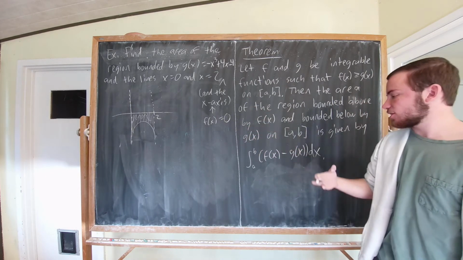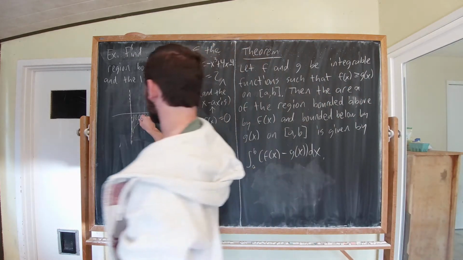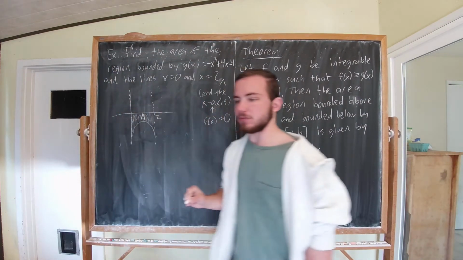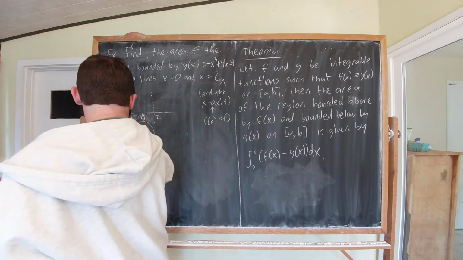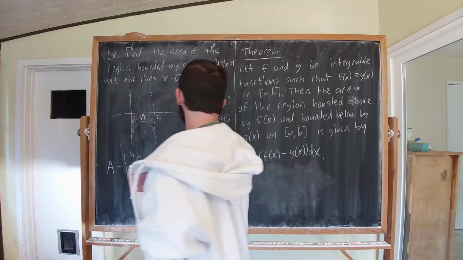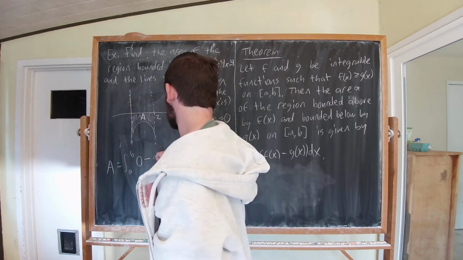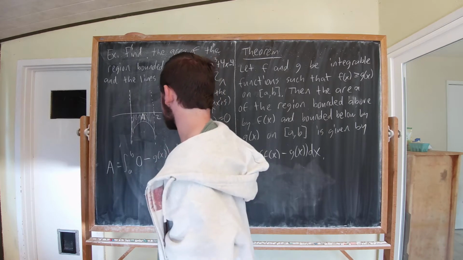That's the x-axis. So now, by this theorem, our area, if we call it A, then our area A is equal to the integral from a to b of 0 minus g of x dx.